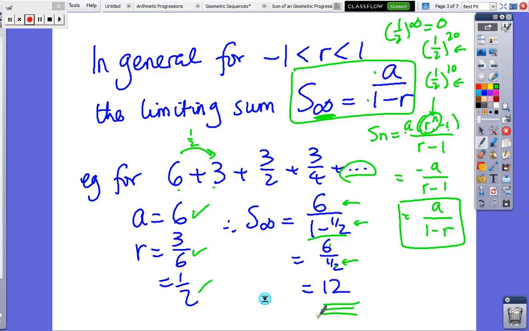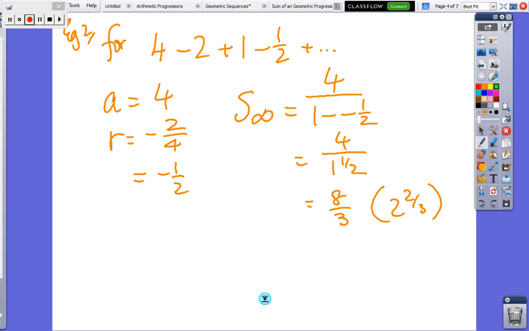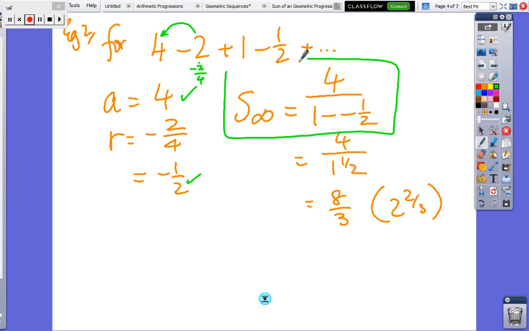Okay, so copy that down, come across. Let's have another example, this time with a negative r, just to see if it does work. So a is 4, r is -1/2. Just divide those two terms together, -2 over 4. So the limiting sum, the sum to infinity, is a over 1 - r, and r is a negative.